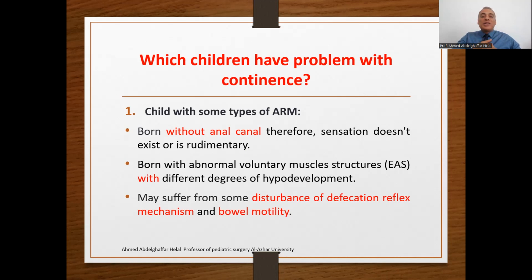Or maybe born with abnormal voluntary muscle structures with different degrees of hypodevelopment. Also, some of these children may suffer from disturbance of the defecation mechanism or bowel motility. So the first type of children that may be affected with fecal incontinence: child with some types of anorectal malformation.